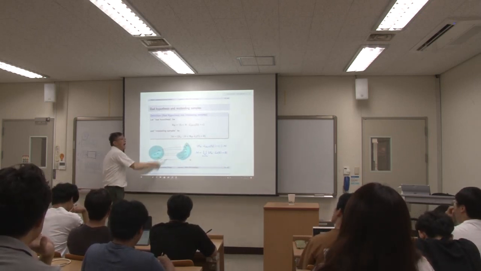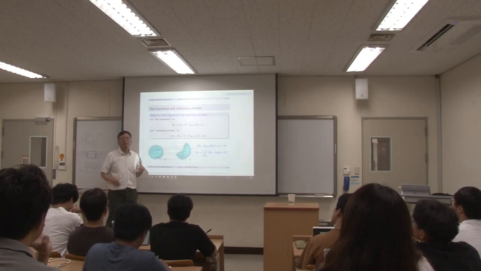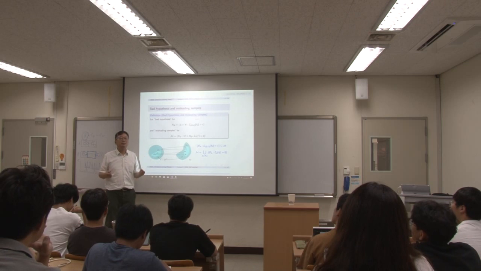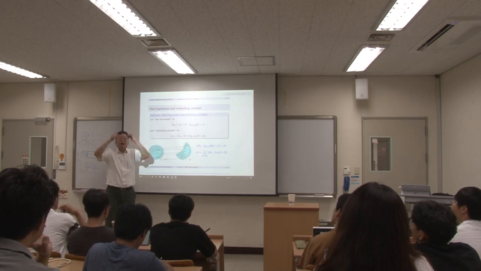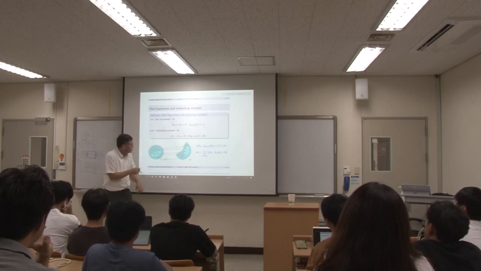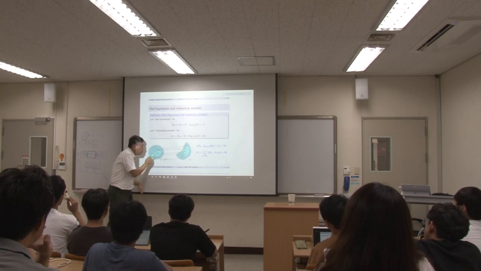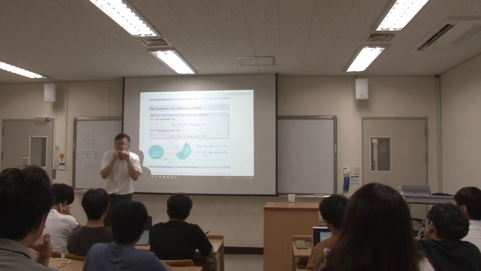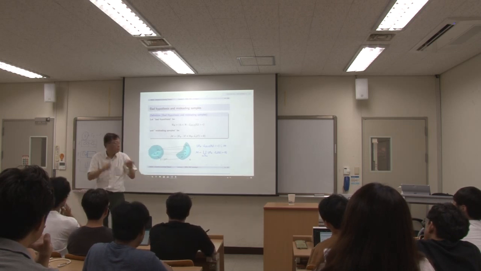Here, I have drawn a space of m-tuple samples. So it's training. I need to get m data, right? M training data. And each one point represents m training data.